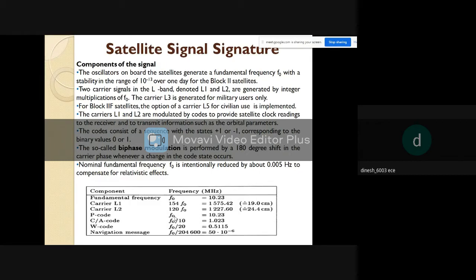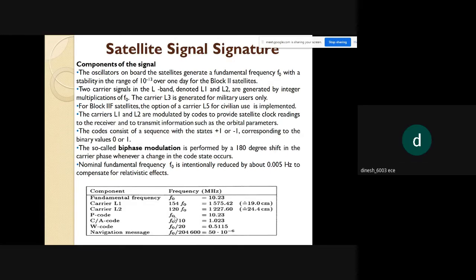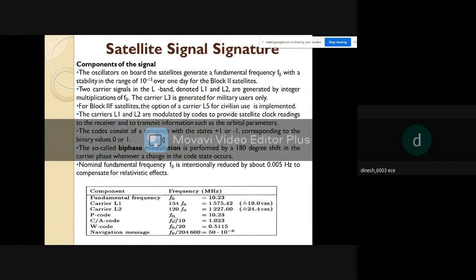The W code, which is an encrypted code, is always divided by 20, so f0 by 20 we get 0.5115. And the navigation message frequency will always be f0 divided by 204600, which is 50 into 10 power minus 6 frequencies.